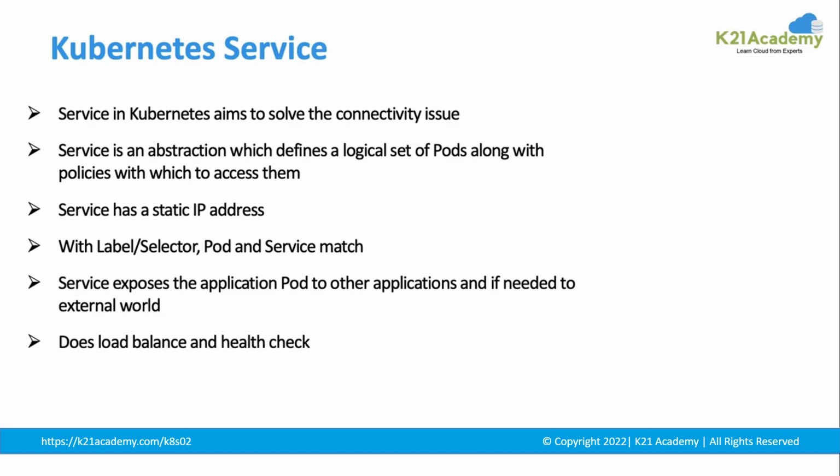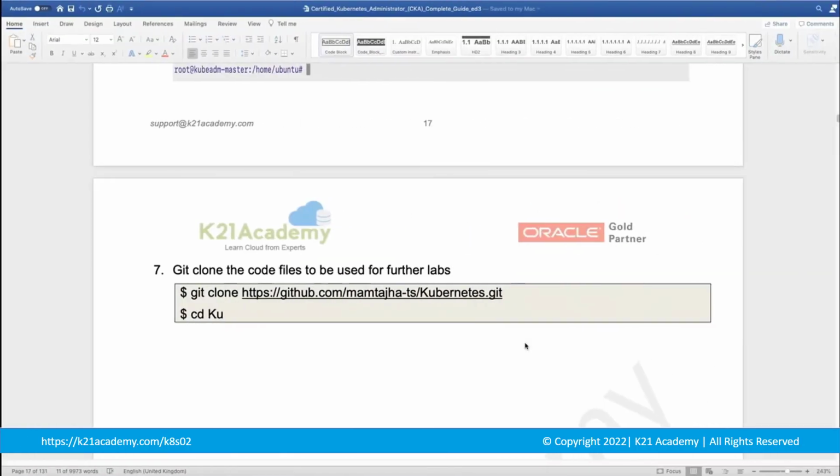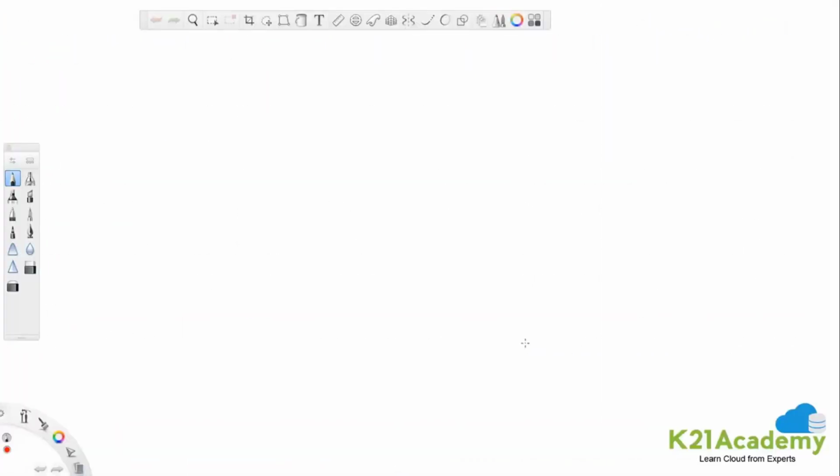And when we are running multiple replicas of an application, how do I depict that? Let me quickly pull my sketchboard and draw and show you. So here I have a pod. It doesn't matter where it is running and it has a container in it. So the pod has an IP address which would be within the cluster's range, only accessible within the cluster, plus this is not static.